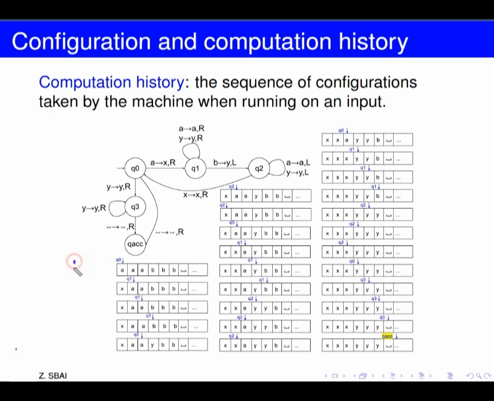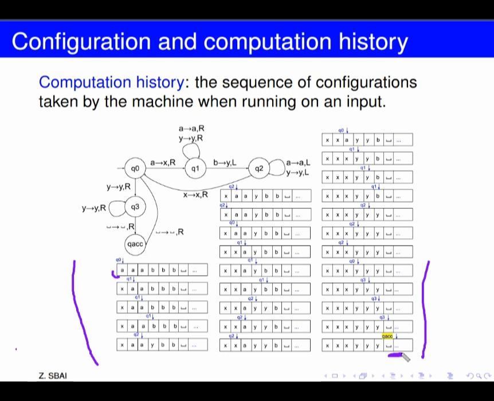So the list of all possible configurations, starting from the initial configuration, this one, until the last configuration, which mentions that we are in a Q accept or Q reject.